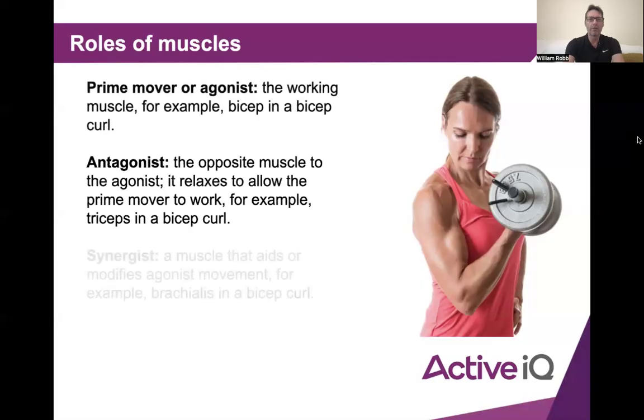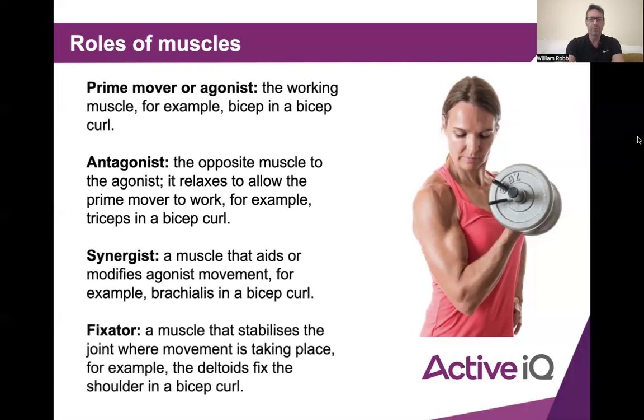Let's now look at the roles of your muscle. So the roles of the muscles can be as the prime mover, or what we call the agonist. This is the main muscle used to create a specific movement. So if I want to do flexion of the elbow joint, the prime mover will be the bicep.